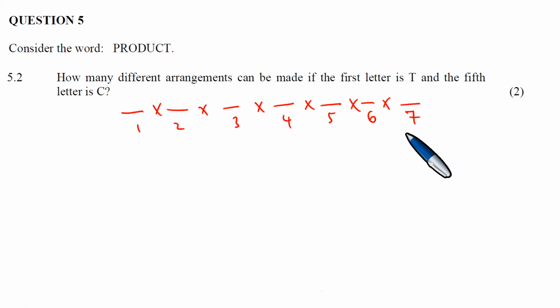So how many different arrangements can be made if the first letter is T and the 5th letter is C? Okay, look. We want to look at how many different arrangements can be made if the first letter is T. So here we're going to put T here. And then the 5th letter is C, okay? Number 5, put a C here.